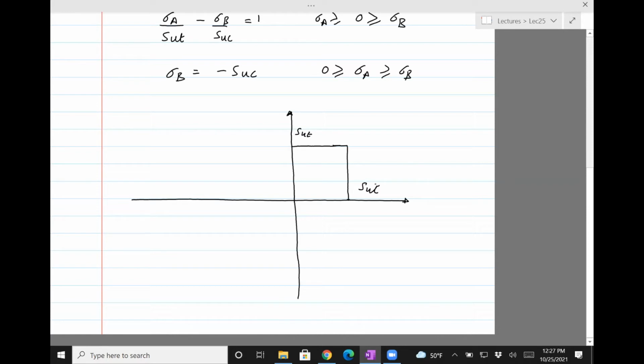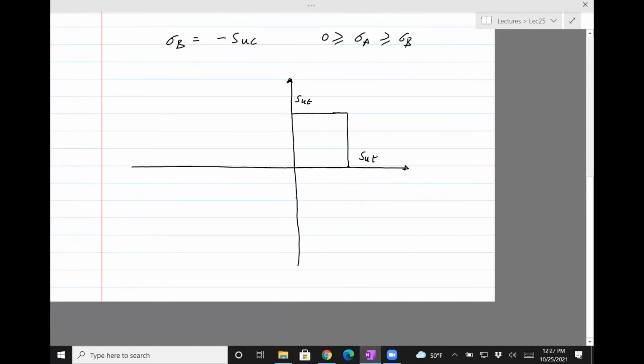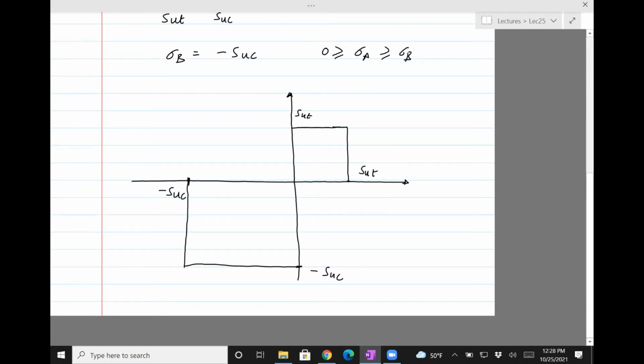Now, assuming that SUT is less than SUC, SUC is say minus SUC, and the same distance here, minus SUC. So that's the first quadrant and the third quadrant; they look like this. But in the second and fourth quadrants, we just need to join these lines. So this region in yellow is the region where failure will not occur.